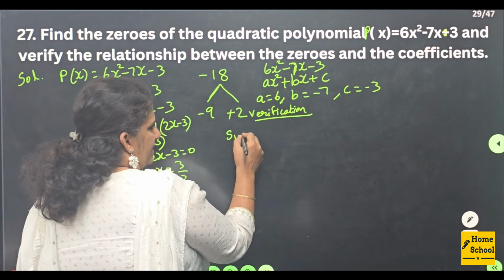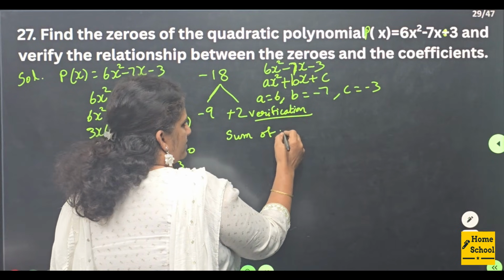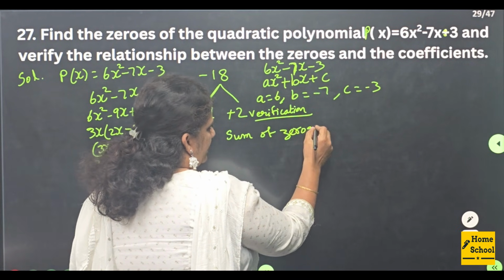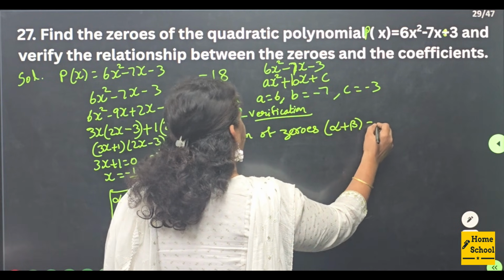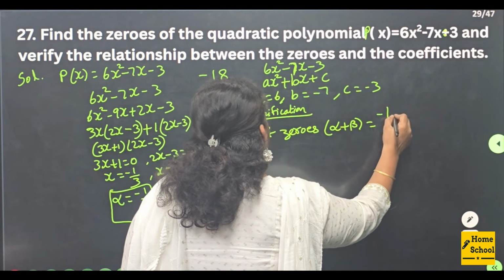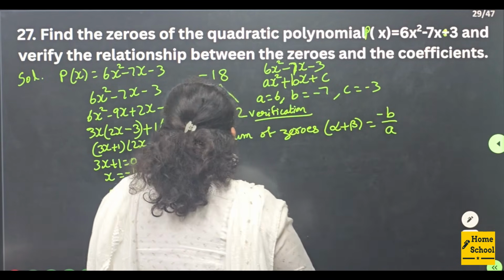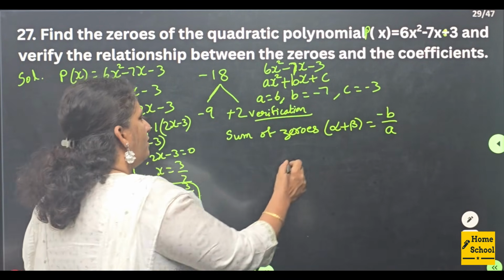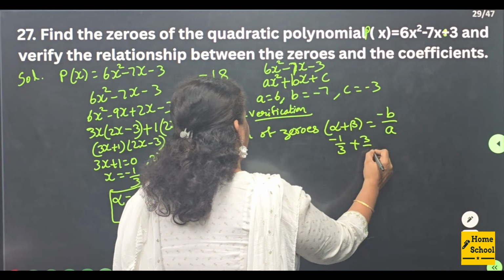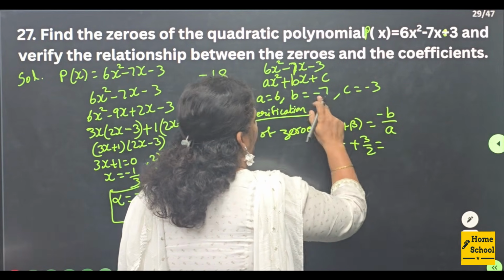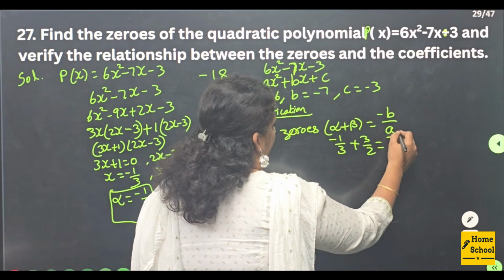Sum of zeros. Alpha plus beta is equal to minus b by a. Substitute. Alpha value is minus 1 by 3 plus beta value is 3 by 2. And here b value is minus 7.